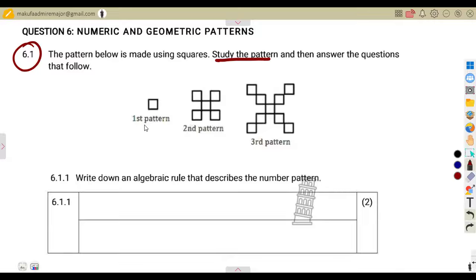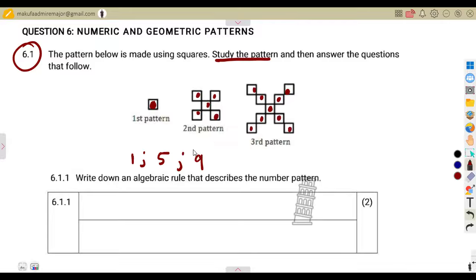According to this, the first pattern has just one square. The second pattern, 1, 2, 3, 4, 5, has 5 squares. The third one, 1, 2, 3, 4, 5, 6, 7, 8, 9, has 9 squares.